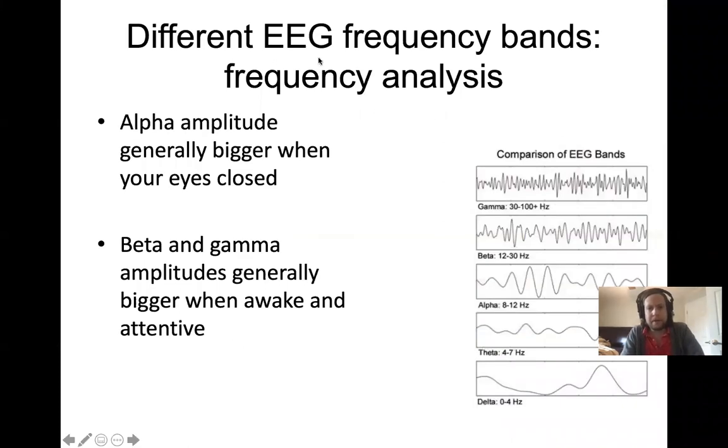So now I want to talk about frequency analysis, because I just showed you that trace, and that trace was what would be known as just the raw EEG signal. You notice how the trace was going up and down really quickly.